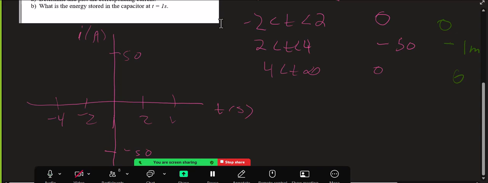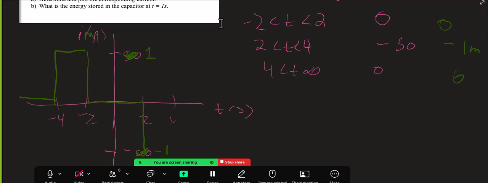So our graph should have looked like I in milliamps, with 1 and negative 1. So it's 0 until we get to negative 4, and then 1 until we get to negative 2, and then 0, and then negative 1, and then 0.